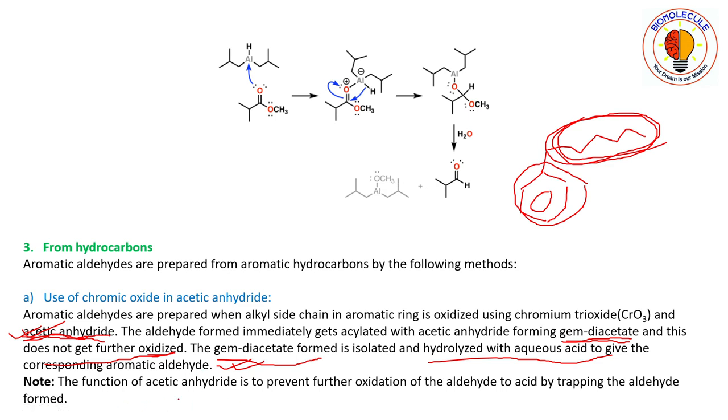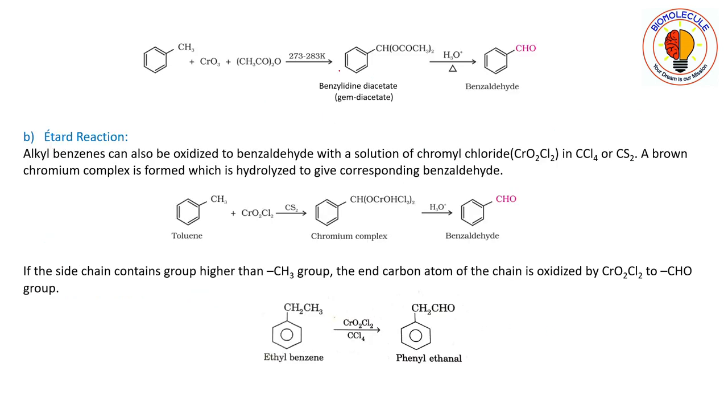See here, the function of acetic anhydride is to prevent further oxidation of the aldehyde by trapping the aldehyde form. So here is toluene in the presence of chromium trioxide and acetic anhydride at room temperature. Here you will get benzaldehyde from this oxidation.